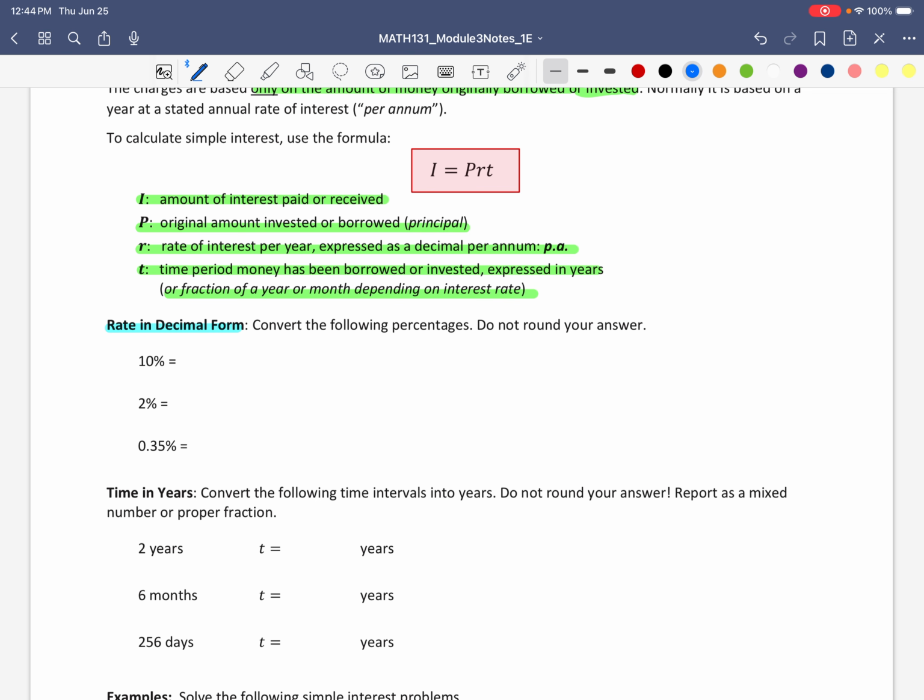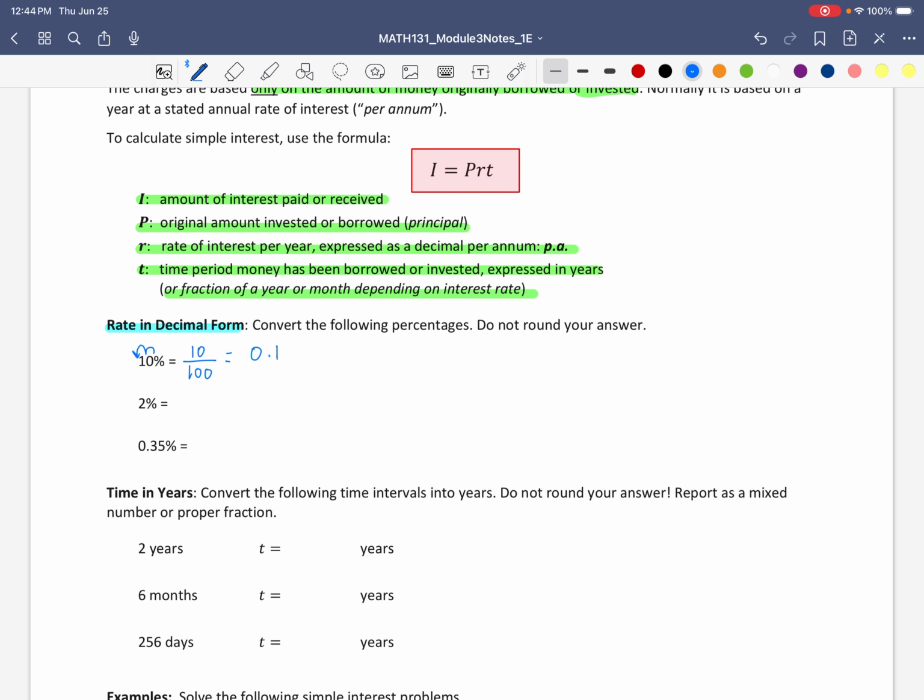We remember to convert percent into a decimal, we simply think about dividing by 100. So if I write it as 10 divided by 100, I get the decimal value of 0.1. The other thing you can think about is simply moving the decimal place 2 spots to the left as well.